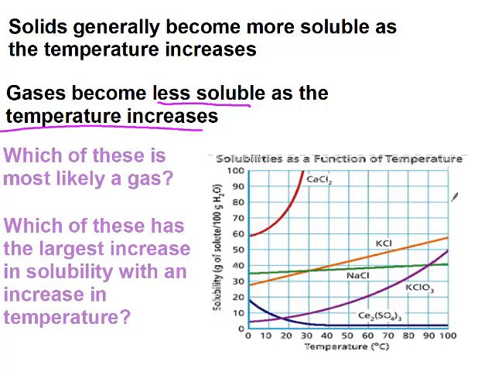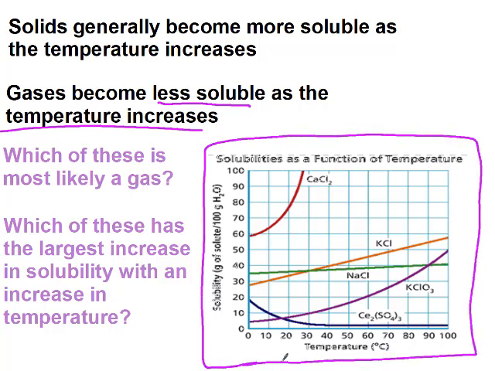We're going to be reading solubility graphs like this one over here on the right. We have a bunch of different substances, each a different color, and it says which of these is most likely a gas. Well, based on this information above, we said gases become less soluble as temperature increases.